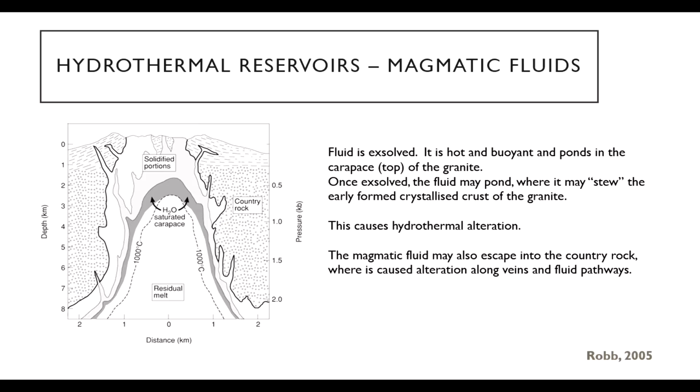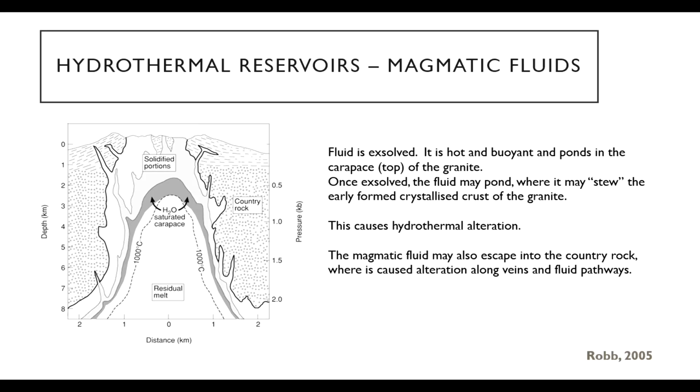Yeah, so this is broad, you've seen this figure before, but this would be a case of fluid first boiling up in the top part of the granite, and it essentially cooks there in its juices.